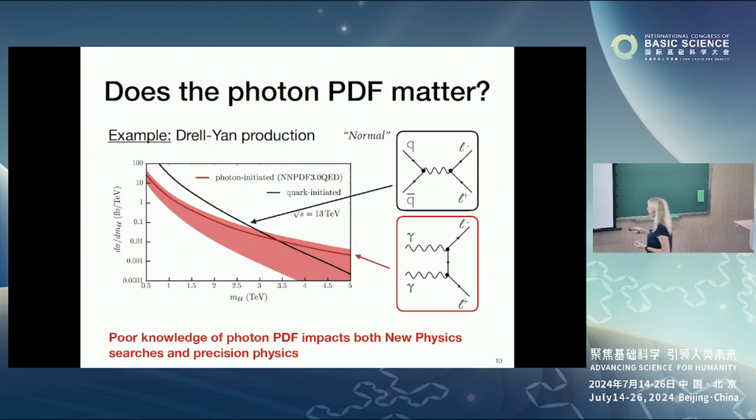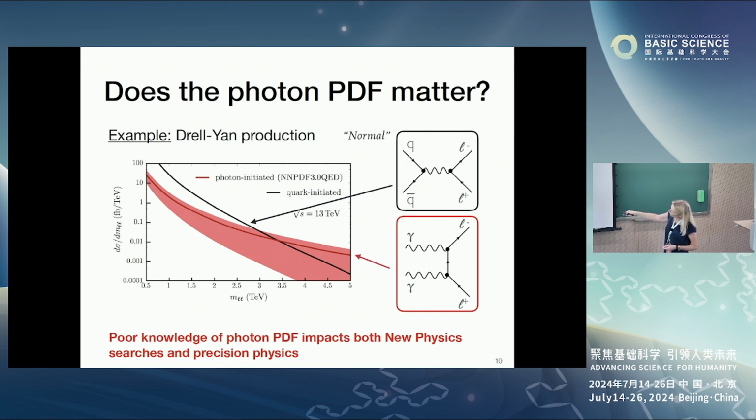If you would take one of these old determinations, now in MPDF 3.0, and look at something like Drell-Yan production, this black line is our standard Drell-Yan production, q q-bar, giving rise to a Z or an off-shell Z, which decays into leptons. So this is the signal here.